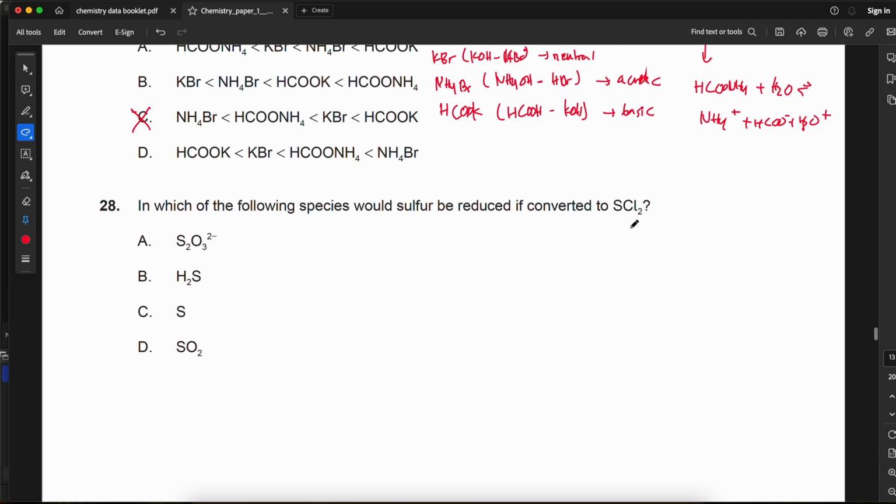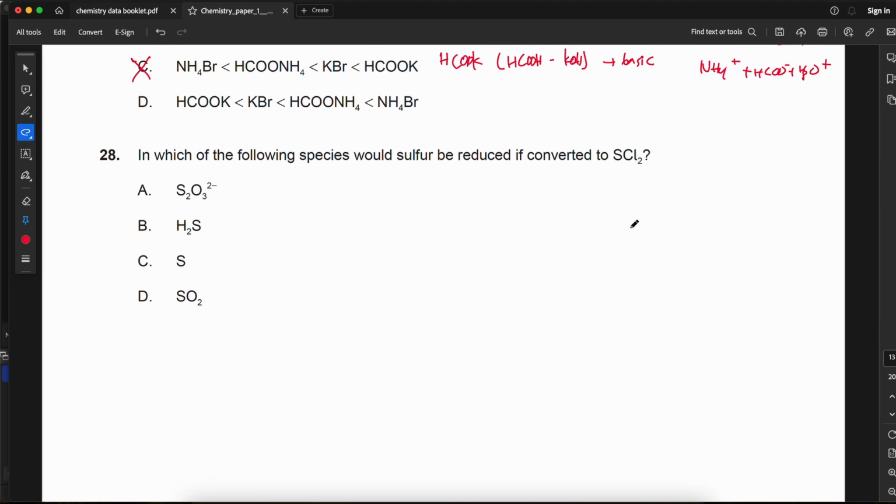In which of the following species would sulfur be reduced if converted to SCl2? In SCl2, Cl is -1, so S will be plus 2. For S2O3 2 minus, O is -2 times 3, which is -6, and S2 will be plus 4, so for 1 S it is plus 2, so there is no change.